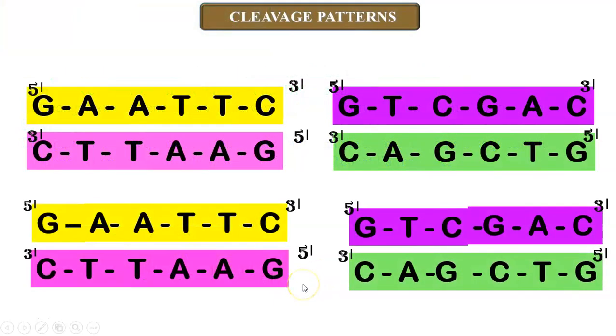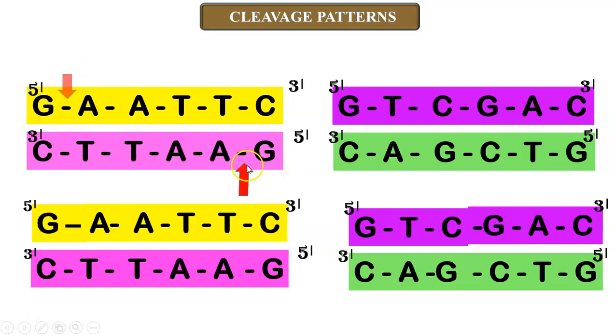Now we will understand how the restriction endonuclease enzyme gives a cut at the recognition site, that is, cleavage patterns. Suppose this is one recognition site. One kind of pattern by which the cleavage occurs is, suppose here the cut is given on this strand, then on the opposite strand the cut is not exactly opposite to the first one.